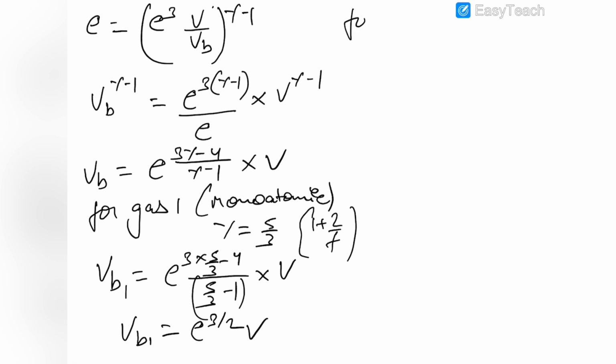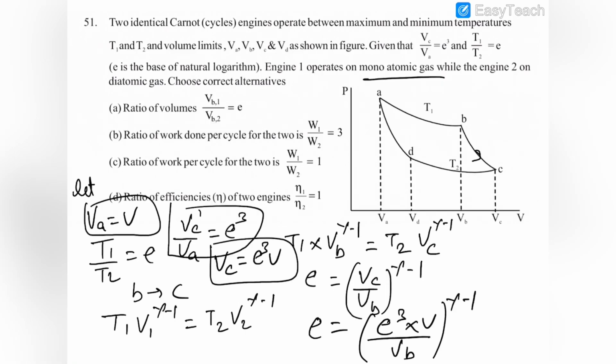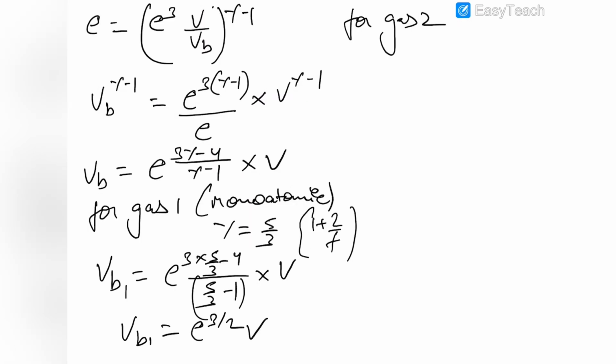And for the second gas, gas 2, which is a diatomic gas, you know that the degree of freedom f for a diatomic gas is equal to 5, and therefore gamma is equal to 7 by 5.